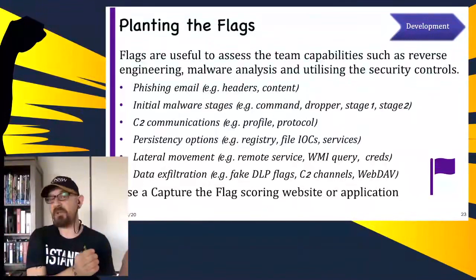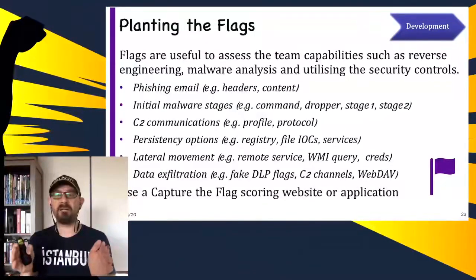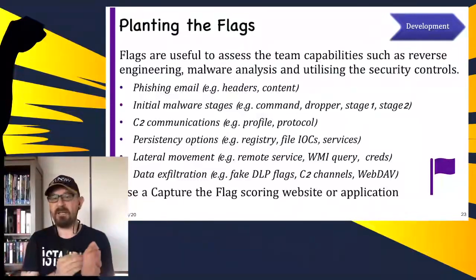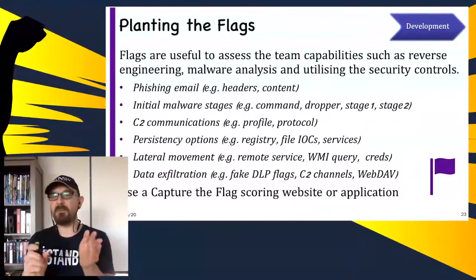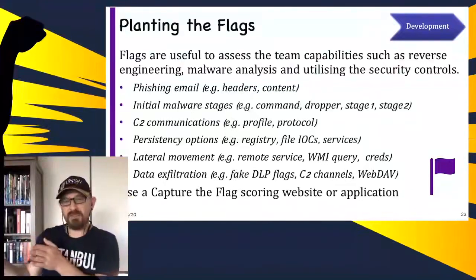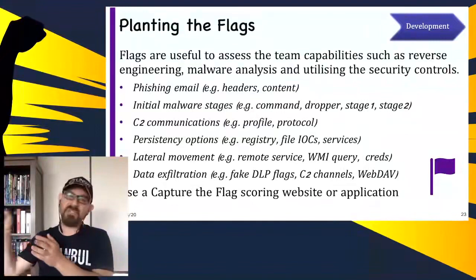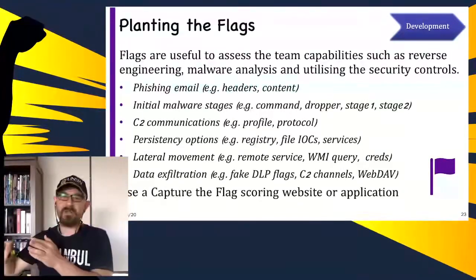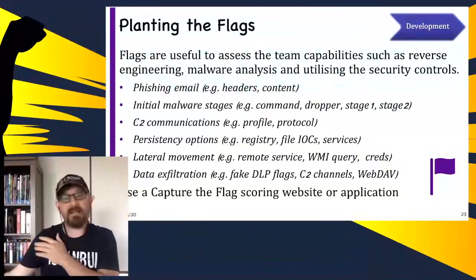It could be a PowerShell command as a flag, and a dropper, for example a .NET application, which can be disassembled easily using a .NET decompiler, and a flag can be in the source code. The .NET application can invoke a certain shellcode, for example the first stage of Cobalt Strike, and that shellcode will be downloaded, and it may have a flag, and the second stage will have a different flag.